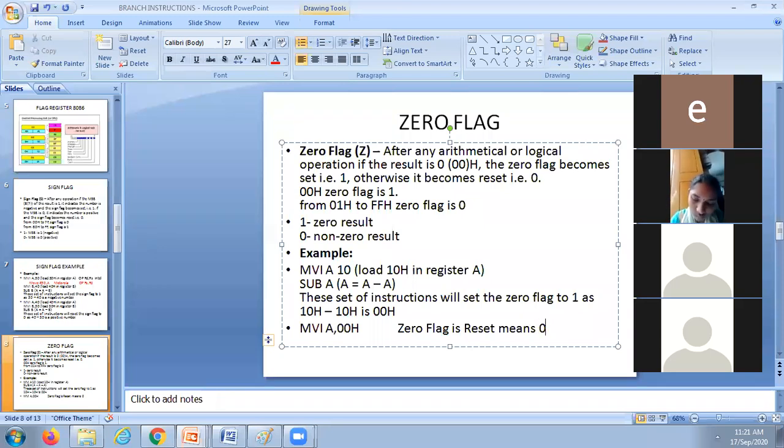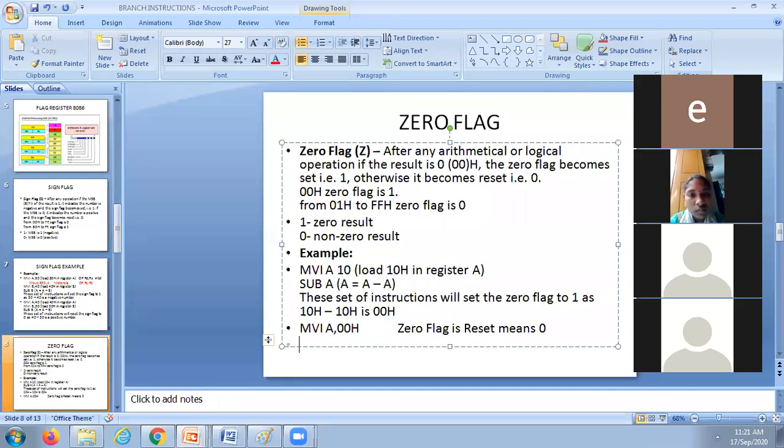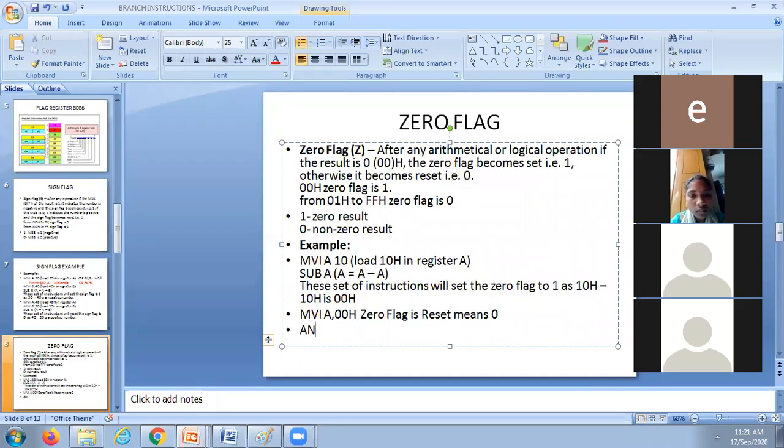Suppose, for example, it is like clear accumulator: ANI A comma 00H. Now what will happen?